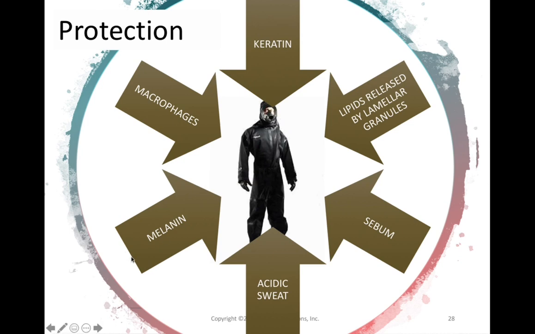Let's think back to melanin, which is produced by melanocytes and passed on to keratinocytes. Melanin is absorbing UV radiation and UV light, and so melanin is going to be protecting us from accumulating damage from UV radiation. Sweat is also going to be fairly acidic, so this is going to destroy certain bacteria that's going to be found on the skin that could have potentially caused us harm. Keratin is another example.